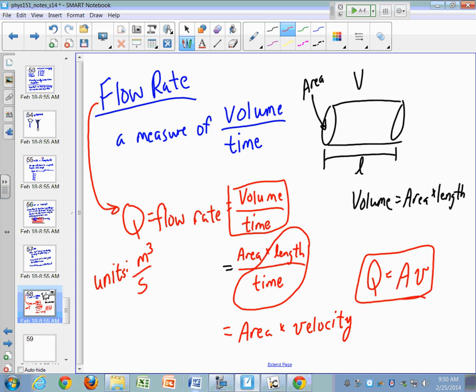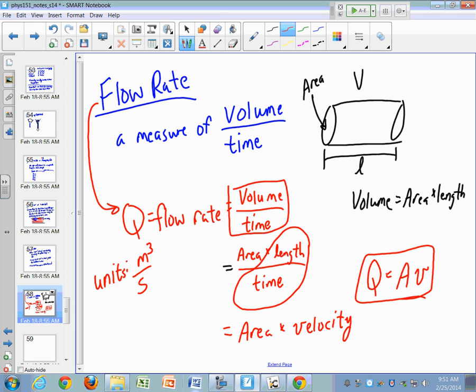And when you have an ideal fluid that's incompressible and all these things, that flow rate has to remain constant all the way throughout your system. If you have this closed system and there's no fluids coming into or out of the system, then that flow rate has to remain constant. Can you think of a good reason why that is?